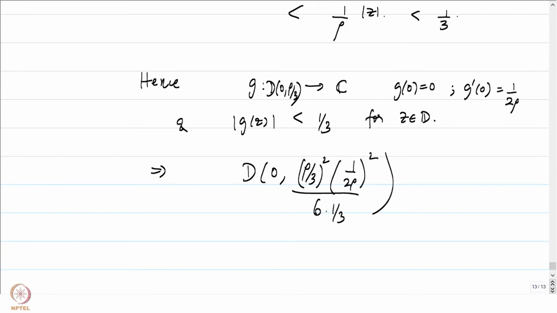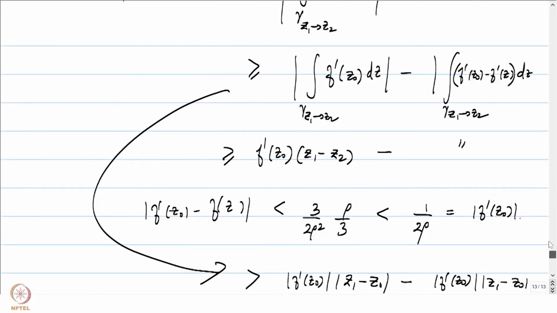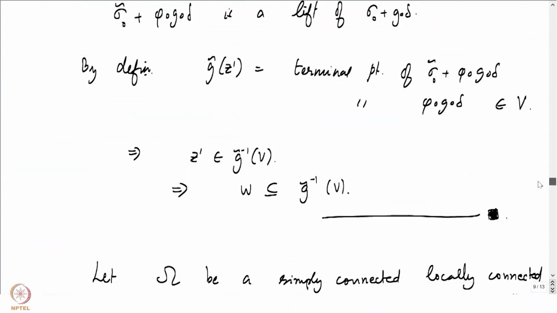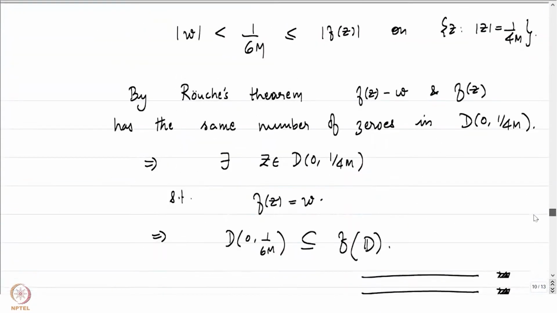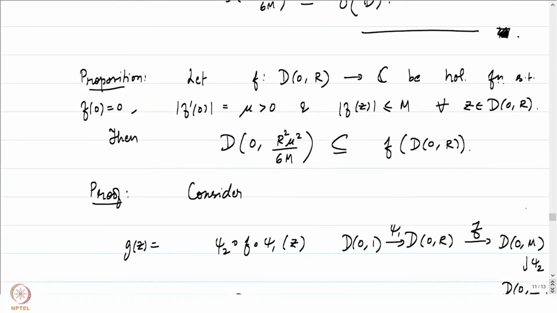This is precisely what we are interested in. This is contained in g of d0 rho by 3, right? Let's just go back and see what was the conclusion previously made. The conclusion was that d r square mu square by 6m is contained in f of d0 r.